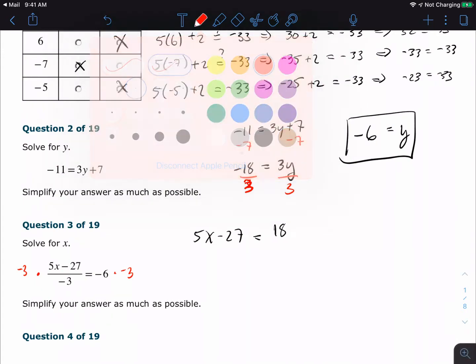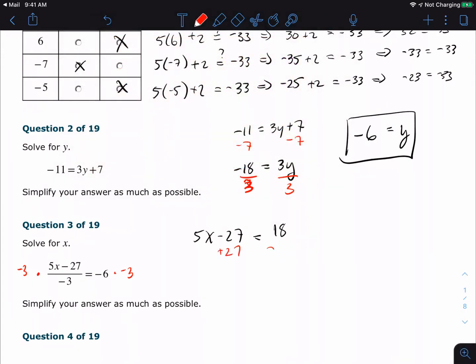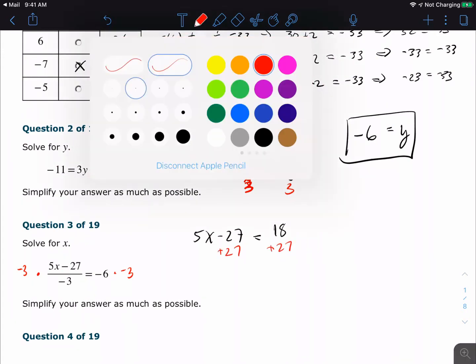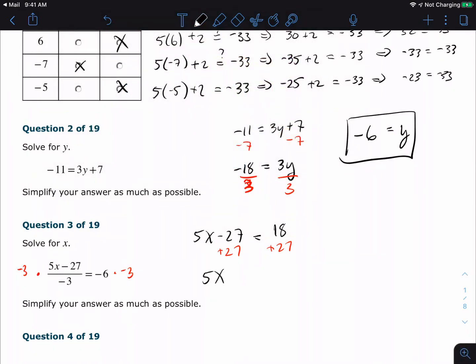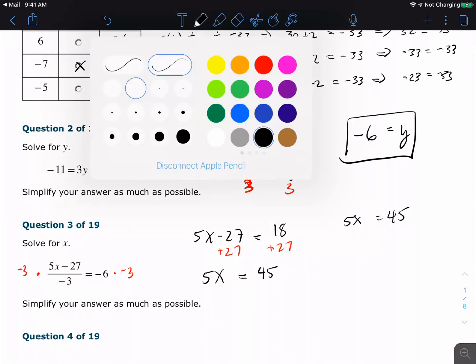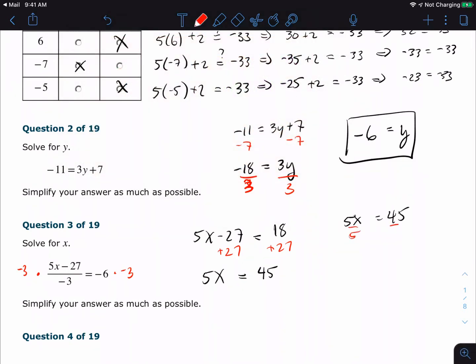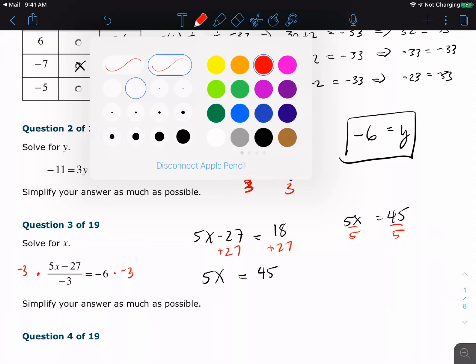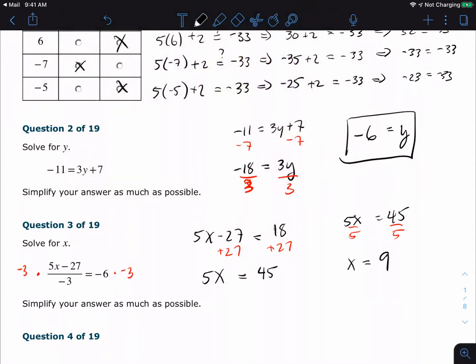Then I'm going to add 27 to both sides, and that's going to give me 45. From there, 5x is equal to 45. I need to divide both sides by 5, and so what I'll get is x is equal to 9. And that should be the answer to number 3.